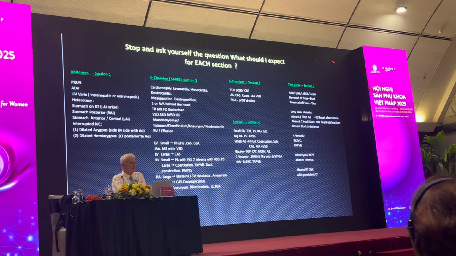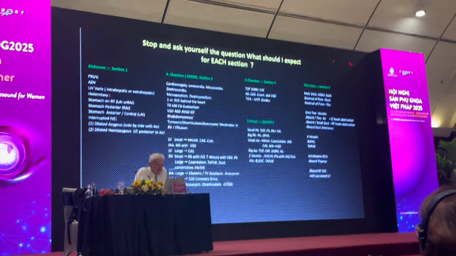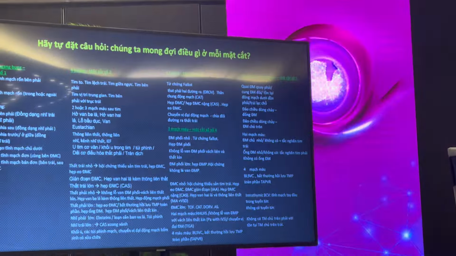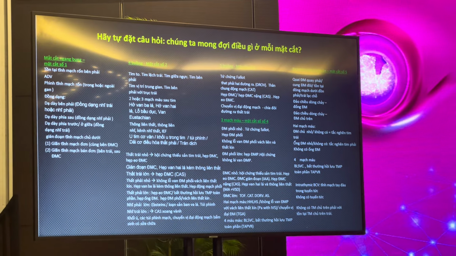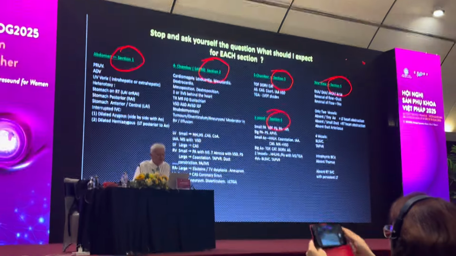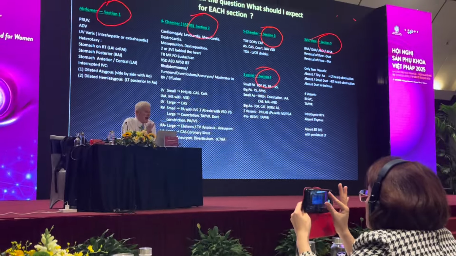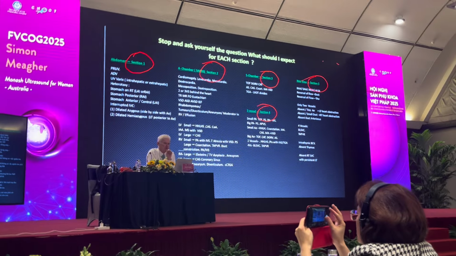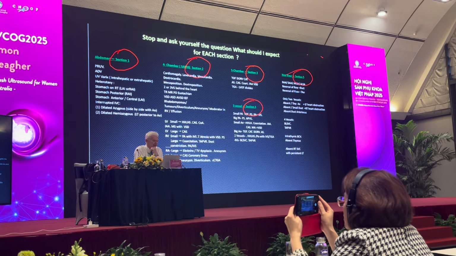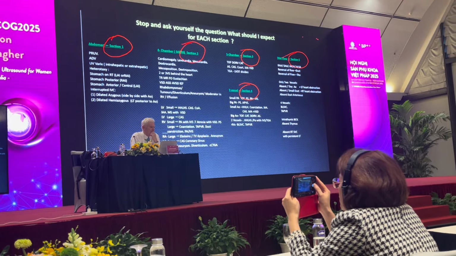This is a very busy slide, and this slide is in Vietnamese in your handbook. But it tells you what problems you can see in section 1, section 2, section 3, section 4, and section 5. In my last talk, I will go through section by section, showing you the abnormalities that you will see.